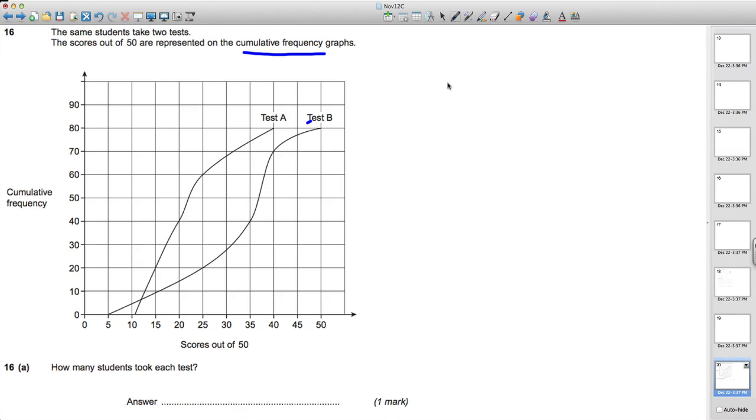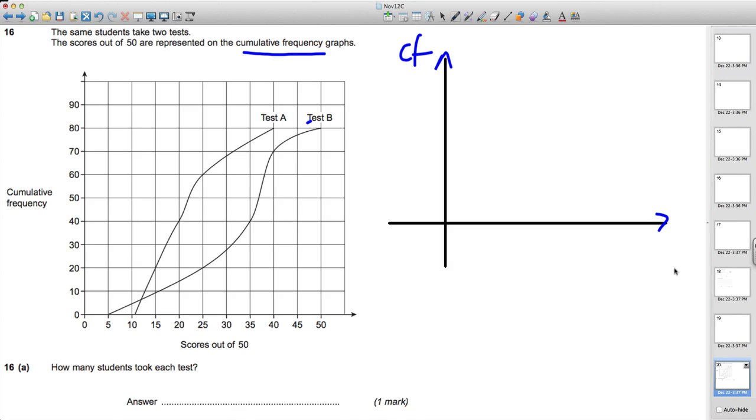Firstly, first thing to say about cumulative frequency graphs, a quick bit of revision down the side here. Cumulative frequency graphs, along up here is the cumulative total, it's the running total. Cumulative frequency graphs tend to look a bit like that.